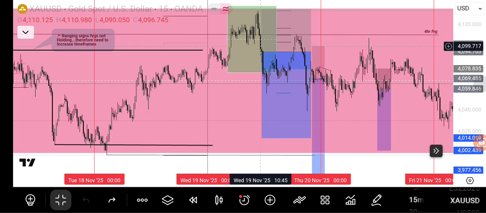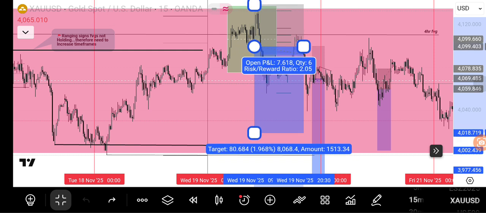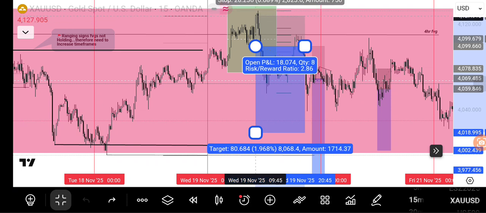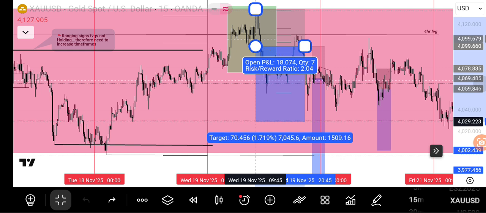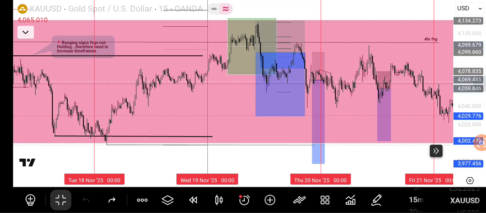So the best price would have been the higher fair value gap. If maybe I could have taken around that point in time with my stops above that high, and 1 to 2, then actually the TP would have been hit.